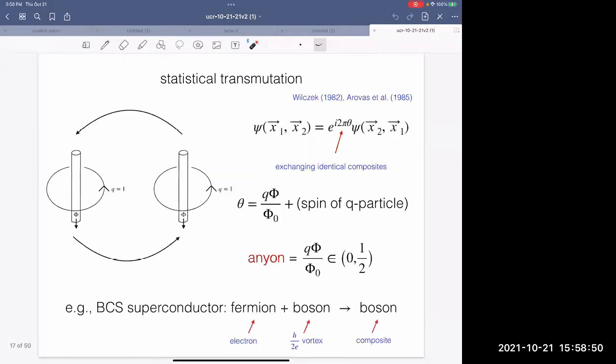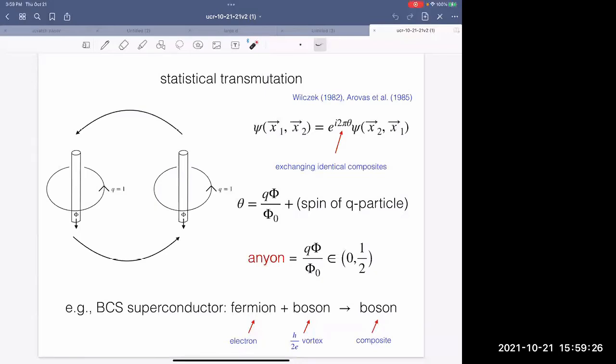Now let's imagine that we've got 2 such charge flux composites, in particular they're identical charge flux composites. And what we want to imagine doing is exchanging them, okay? So we take this guy over to the left and then the guy on the left over to the right. So the 2 composite particle wave function likewise obtains a phase upon this exchange.